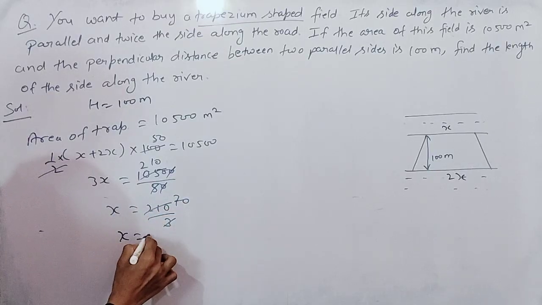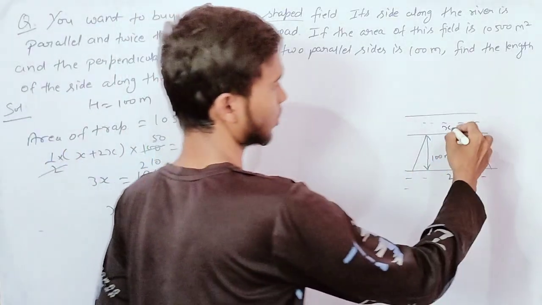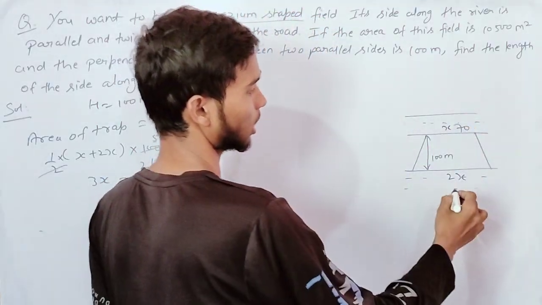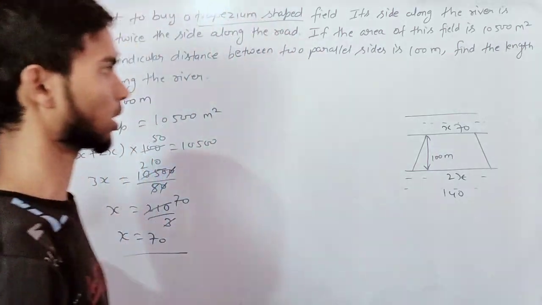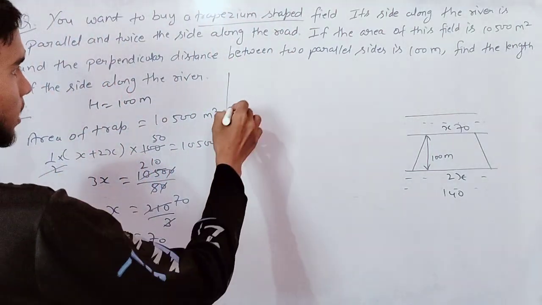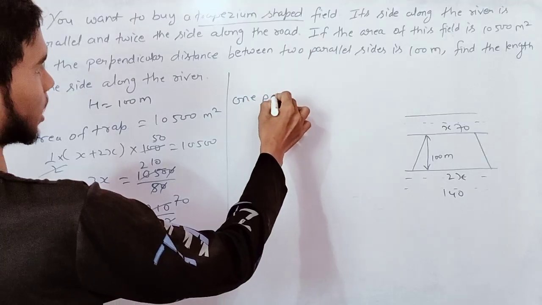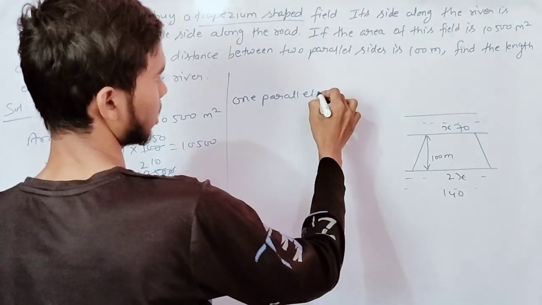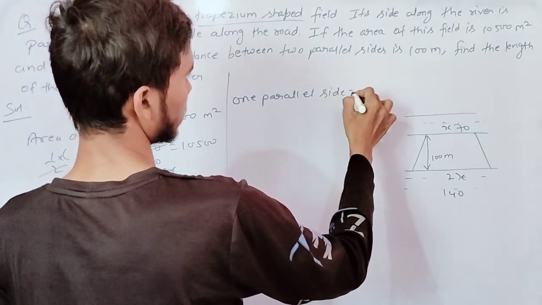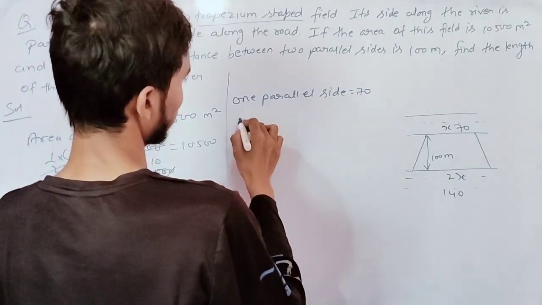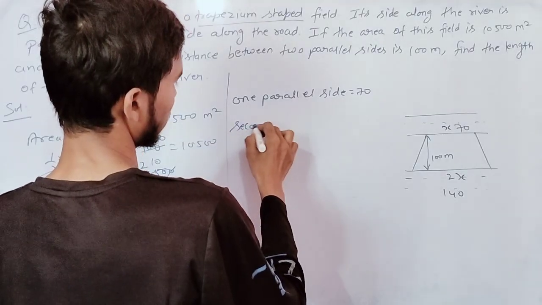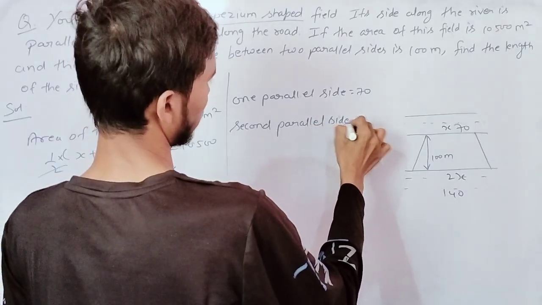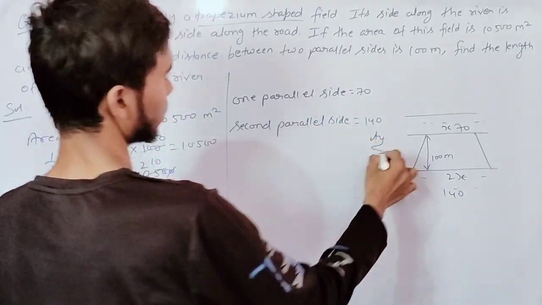So x came out as 70. If this parallel side would be 70, then this would be 140. Clear? Now easily we can say one parallel side is 70 and the second parallel side is 140. This is the answer.